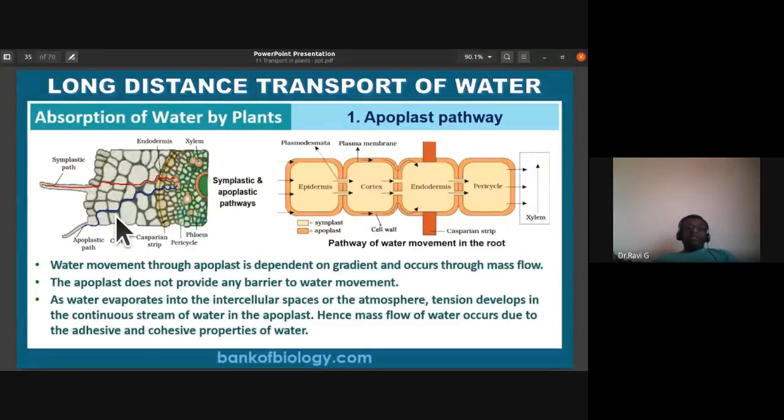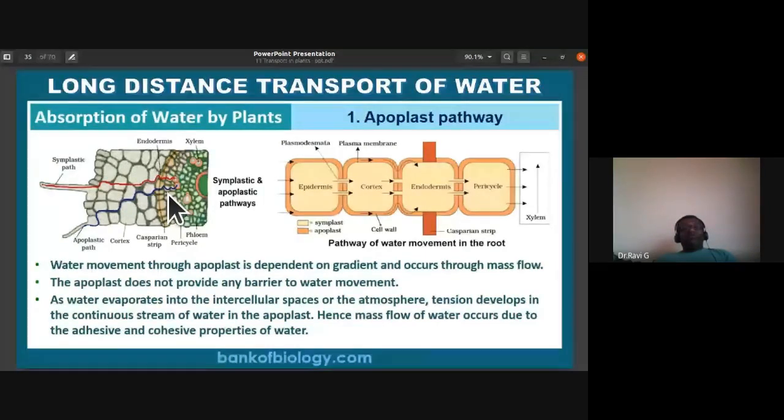As water evaporates in the intercellular spaces or the atmosphere, tension develops in the continuous stream of water in the apoplast. The evaporation of water in the intercellular spaces creates a negative suction, and this tension results in a continuous stream of water flowing in the apoplast.